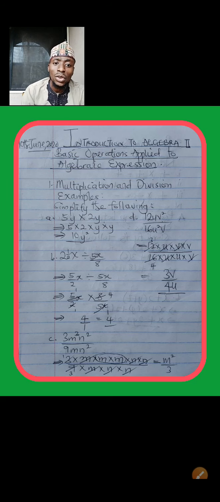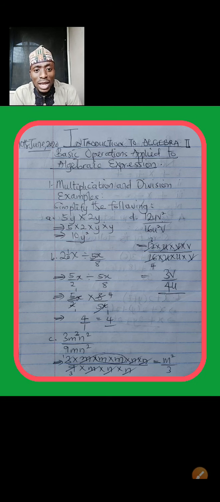The fourth one, that's D. By your right hand side, you see that 12uv squared over 16u squared. So express that too: 12 times u times v times v, over 16 times u times u. Then you start breaking the numbers. 4 can go in 12 and 4 can go in 16. 4 in 12 is 3, and 4 in 16 is 4.